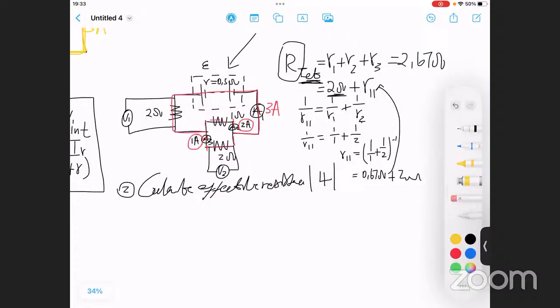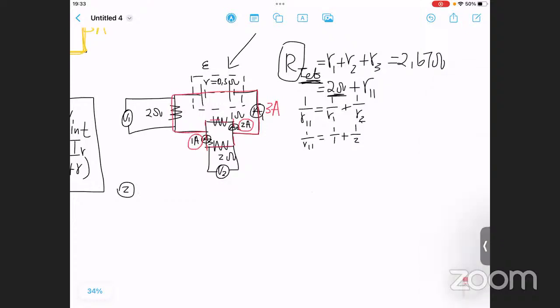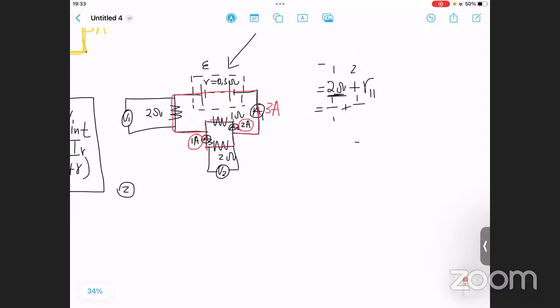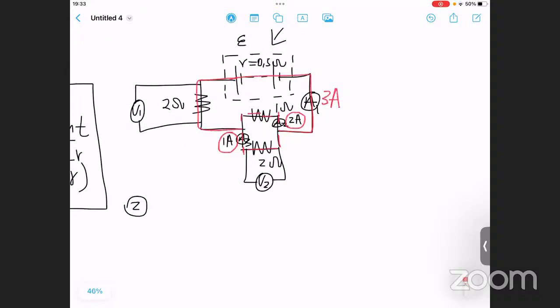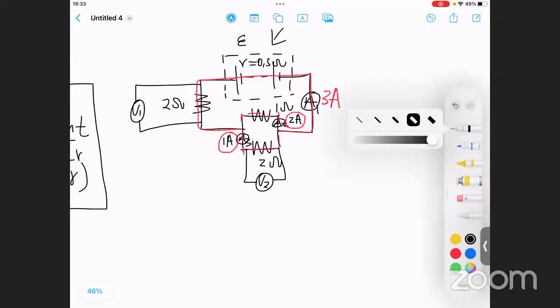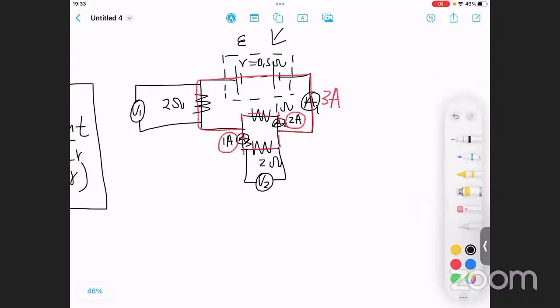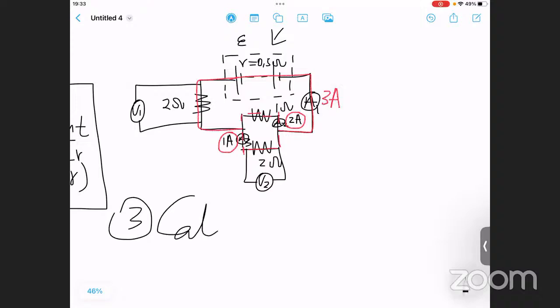So the next question will be: calculate the EMF of the electric circuit. The EMF. Can you guys calculate the EMF?